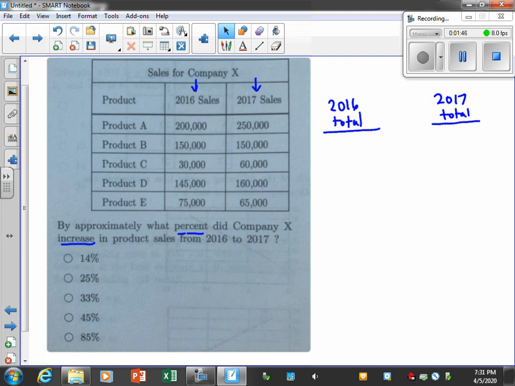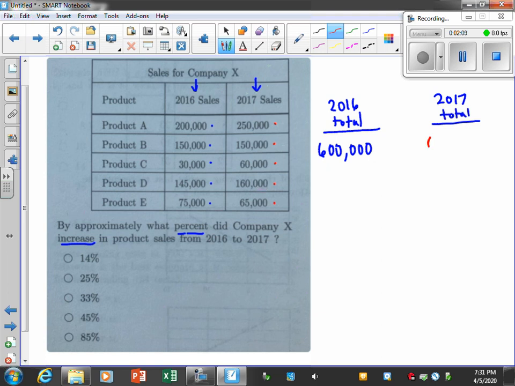So I'm going to add up 200,000, 150,000, 30,000, 145,000 plus 75,000. Add them all up in the calculator and we get 600,000. Okay. Next, I'm going to come over here, 250,000, 150,000, 60,000, 160,000, and 65,000.